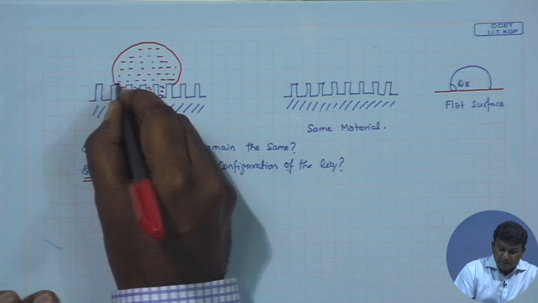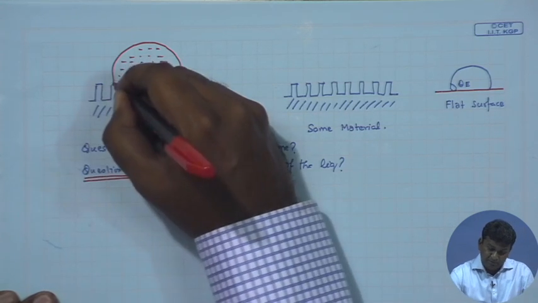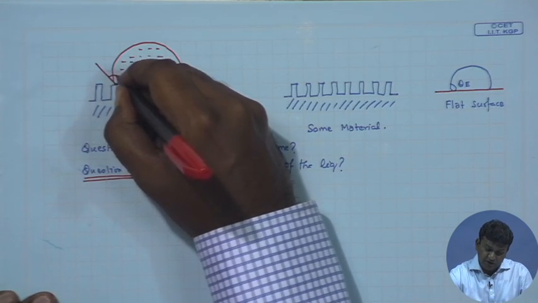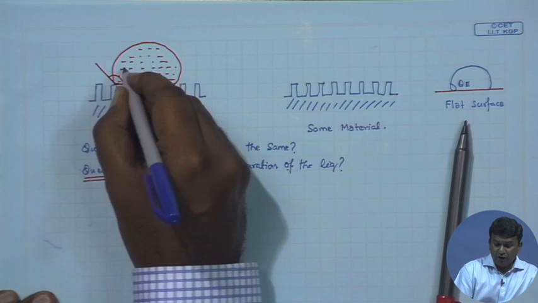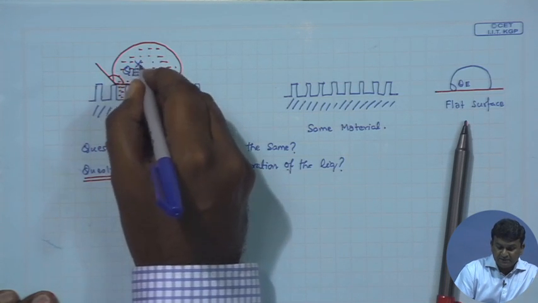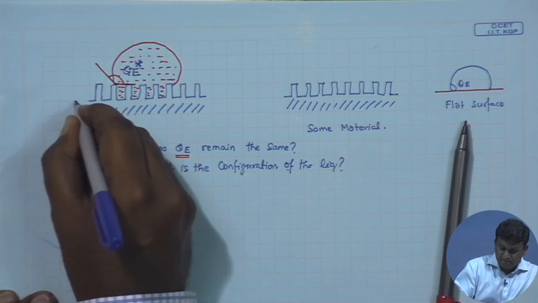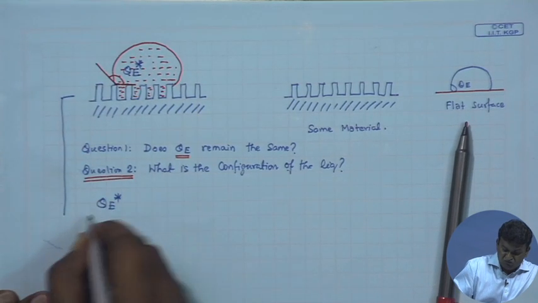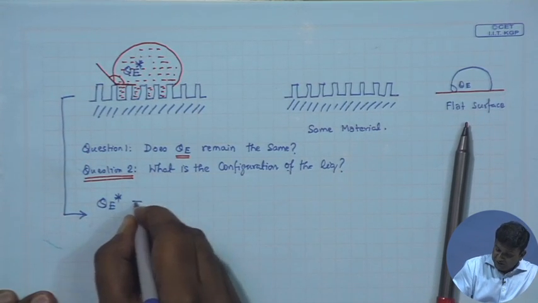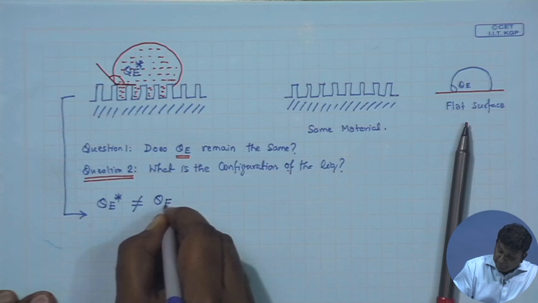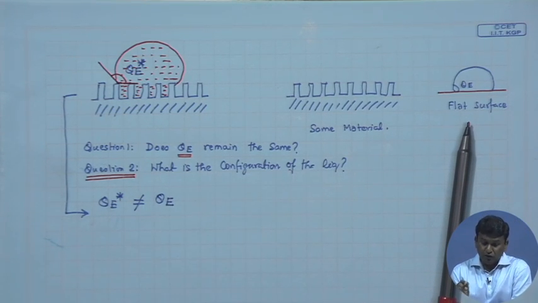And in fact, you can still identify some sort of an equilibrium contact angle equivalent, which is not equal to theta e for sure, but there are certain expressions which we can calculate, we will do that.